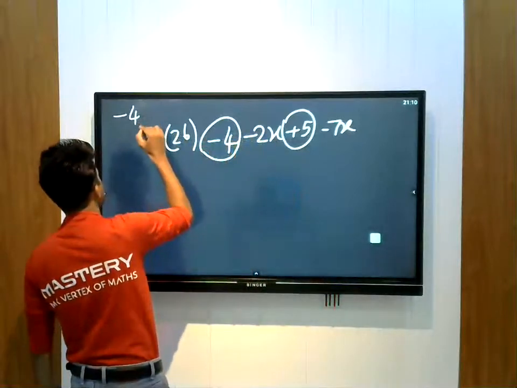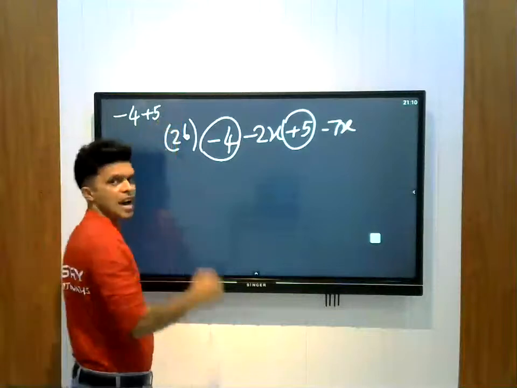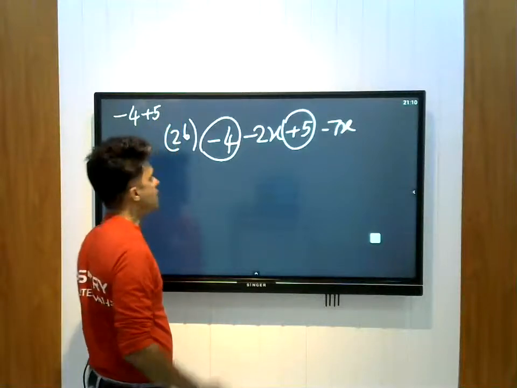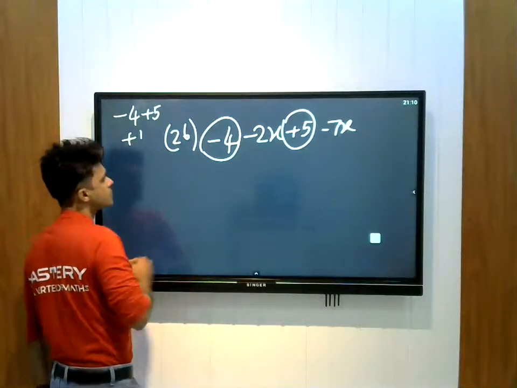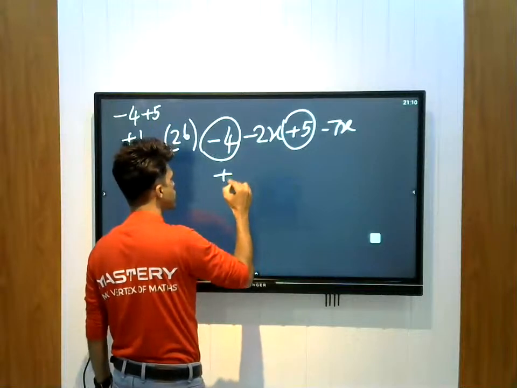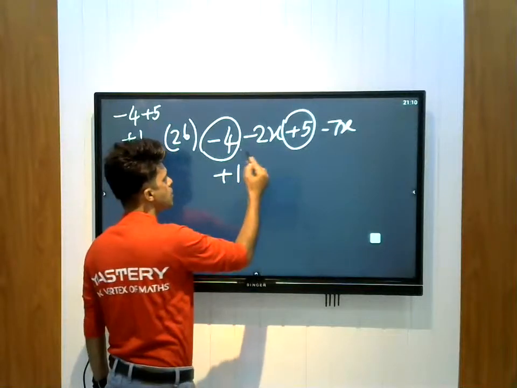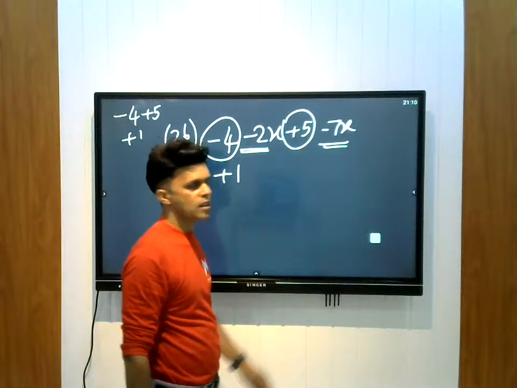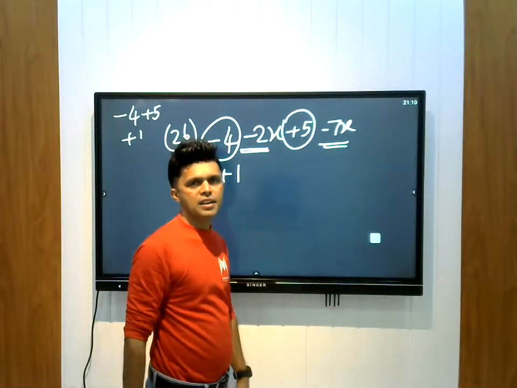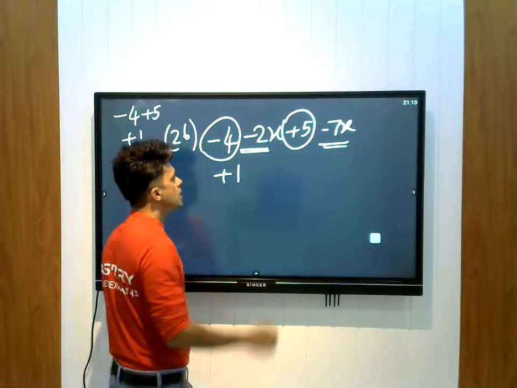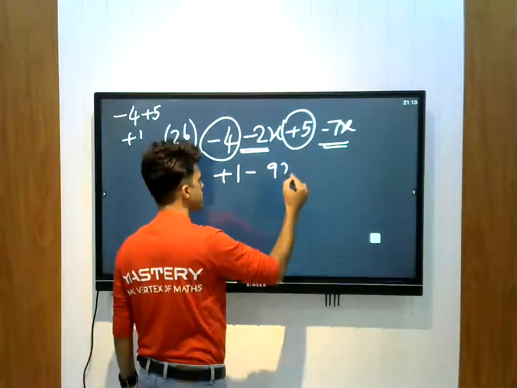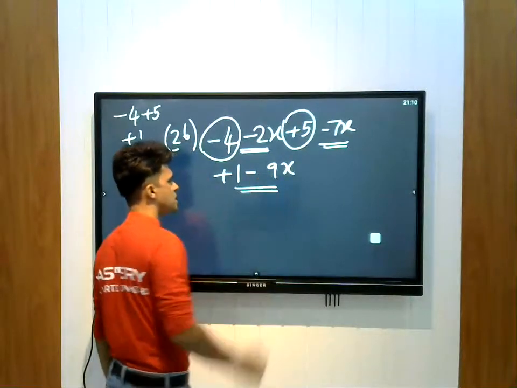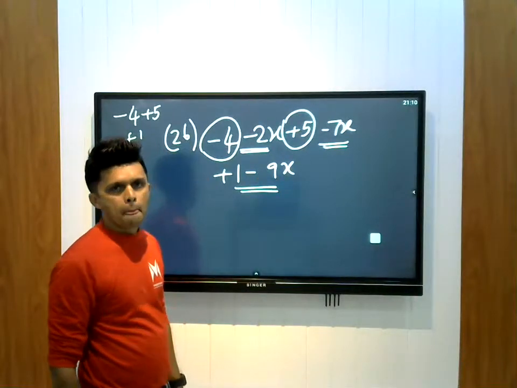Previously we learned that minus 4 plus 5 is plus 1. And also you are able to simplify these two terms: minus 2x minus 7x is minus 9x. You can't simplify these two terms more.